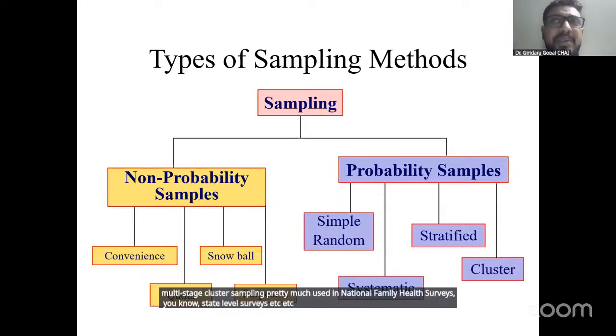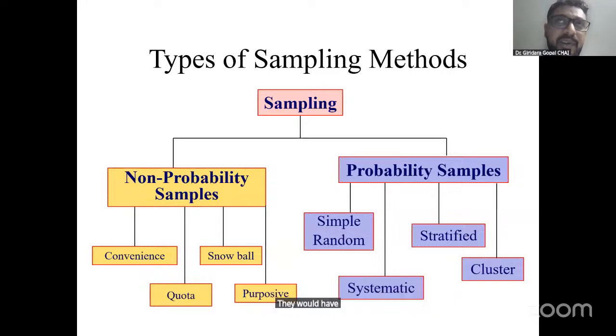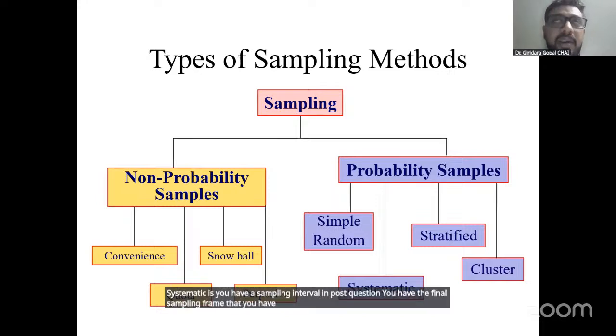Simple random is just like this: every individual in a target community, it could be a hospital or a school, has an equal chance of being part of your sample. Systematic is where you have a sampling interval, using the final sampling frame that you have. For instance, let's say you have 1,000 individuals and you have to take 200 from them.